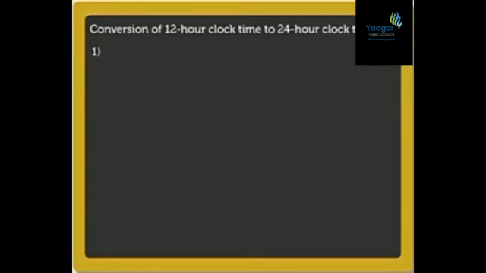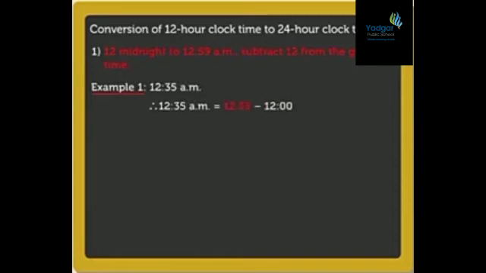1. For the time from 12 midnight to 12:59 am, subtract 12 from the given time. For example, if the given time is 12:35 am, then subtract 12 from 12:35, which gives 35.